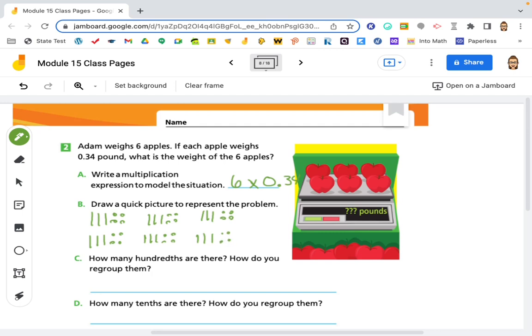So it says, how many hundredths are there and how do you regroup them? Well, we have 4, 8, 12, 16, 20, 24. So there are 24 hundredths, which would turn into 2 tenths and 4 hundredths.